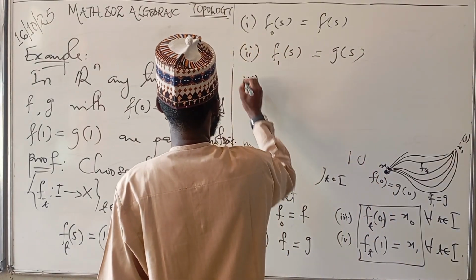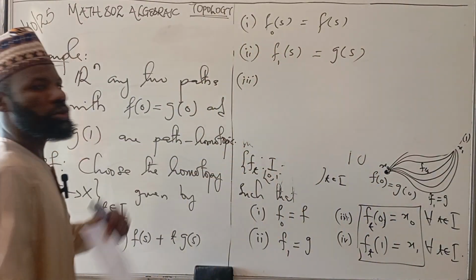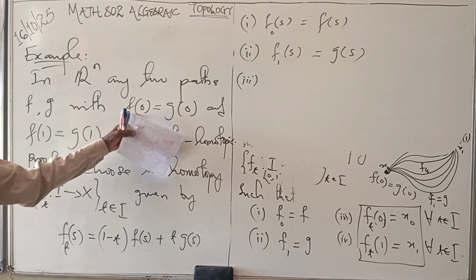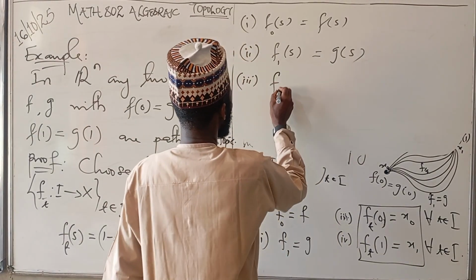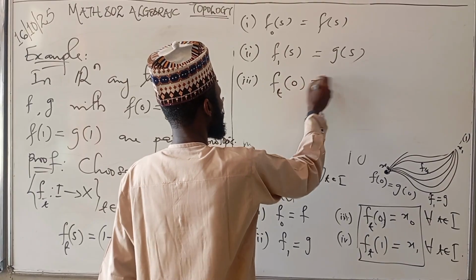The third condition is that the homotopy should be relative to 0 and 1. So you check what happened at 0. F_t of 0 should be equal to what?